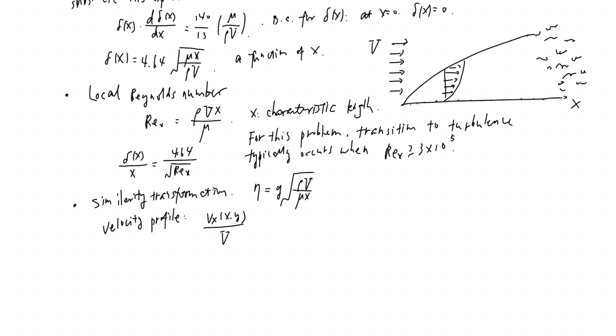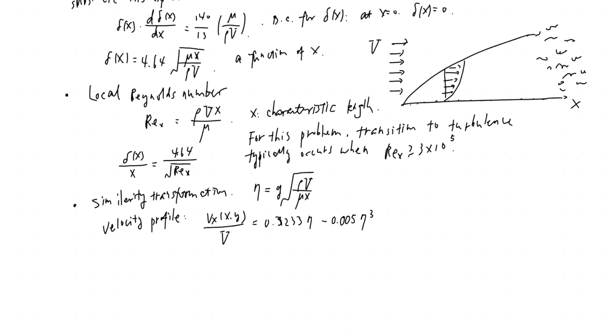The meaning of this ratio is the velocity compared to the incoming velocity, the bulk outer velocity. That's why we have this velocity ratio. It gives you 0.3233 eta minus 0.005 eta cubed. It's totally in a dimensionless form.